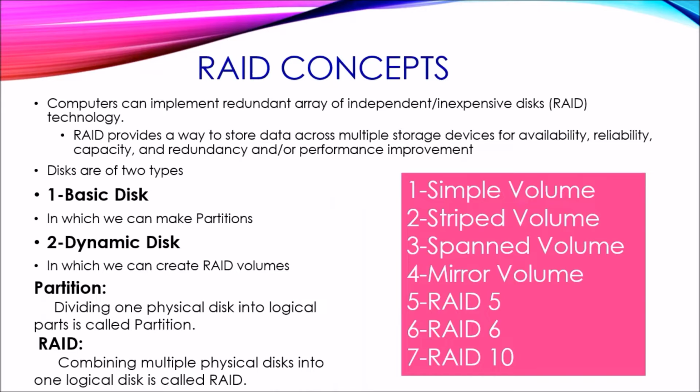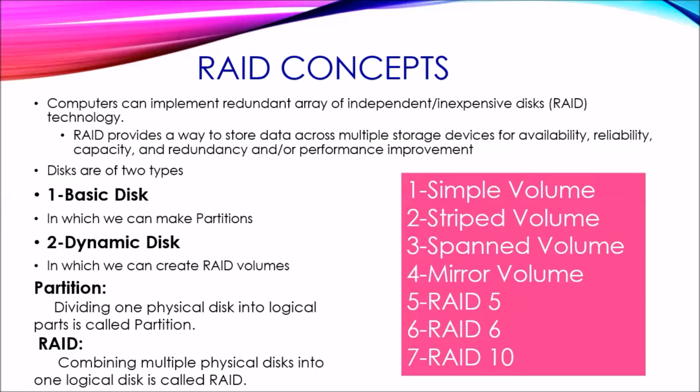There are two types of disks, basic disks and dynamic disks. A basic disk is a type of disk in which we can make partitions. Normally, in our computer system, we have one physical disk, and we have divided that disk into multiple drives like C, D, and E drives, and so on.